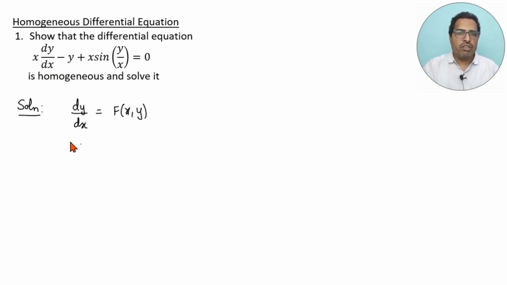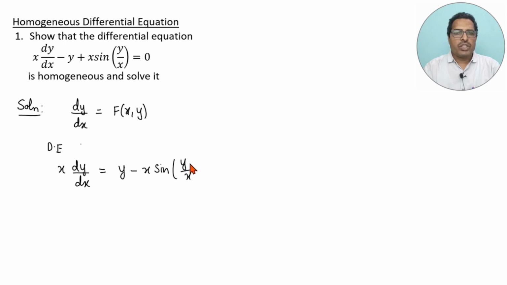So rewriting the given differential equation, x dy by dx we shall retain as it is, and send these two values to the other side. This minus of y, when it comes on the other side, becomes plus y, and this plus x sine y by x, when it comes on the other side, becomes minus x into sine of y by x.